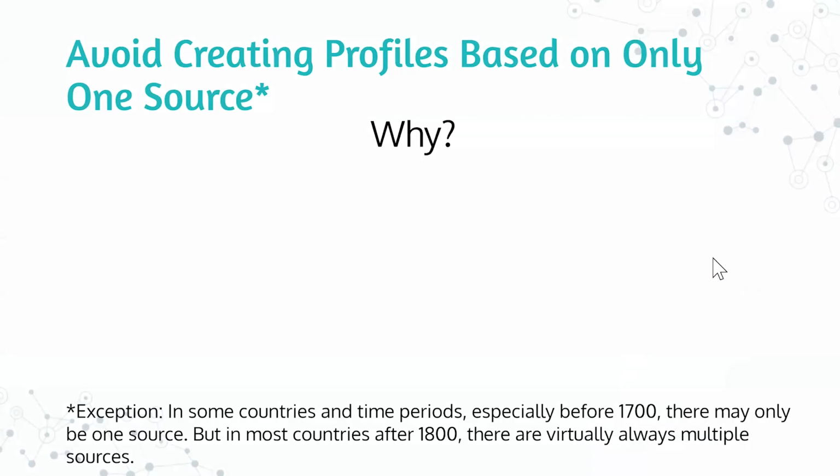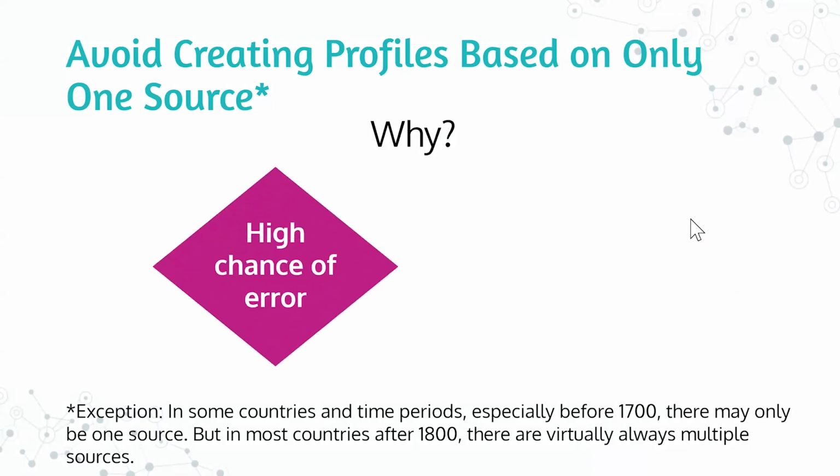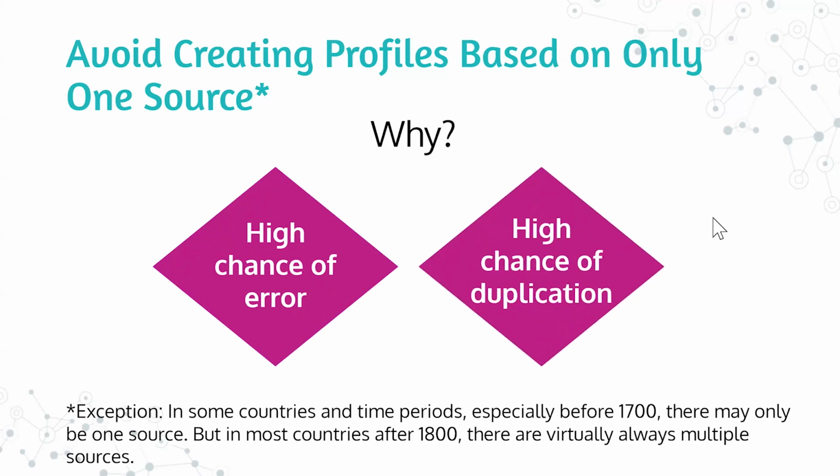So you might be asking, why are you telling me that I should not create a profile based on only one source? I see it all the time. Well, here's the reason. There's a high chance of error when it's based on just one source, and there's a high chance of duplication. I do want to mention a little caveat here. Notice the little asterisk. In some countries and time periods, especially when you get farther into the past, there might only be one source.